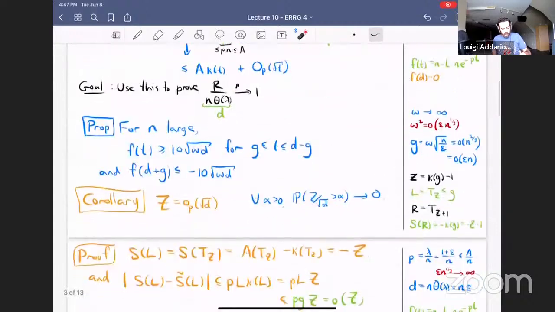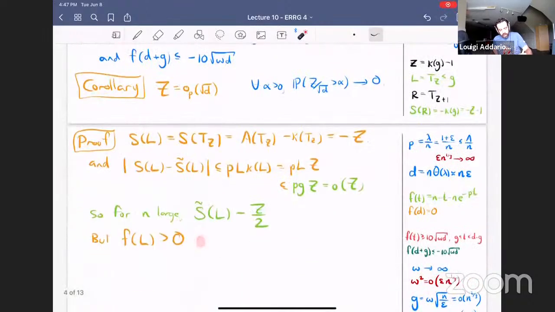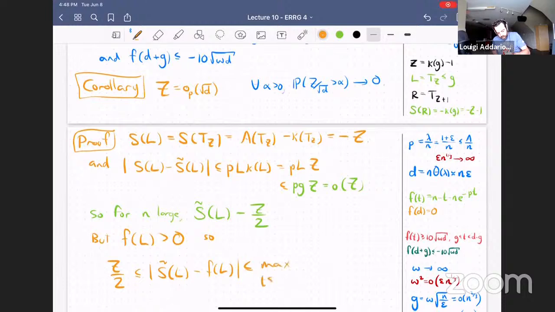So that tells us that z over 2 is at most the difference between S tilde and f. Okay, and we can bound that. This time L is random, but we can bound that from above by the largest difference between S tilde and f before time G, just because L is at most G.